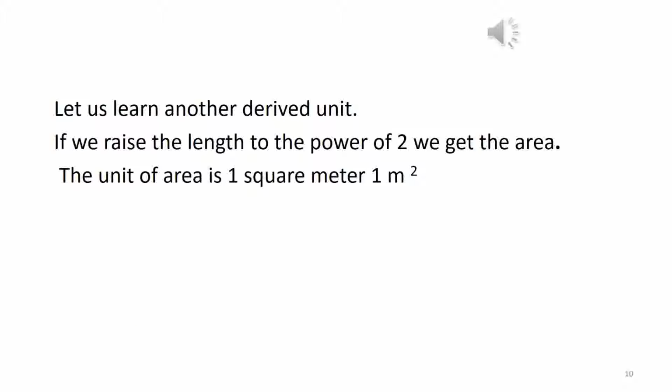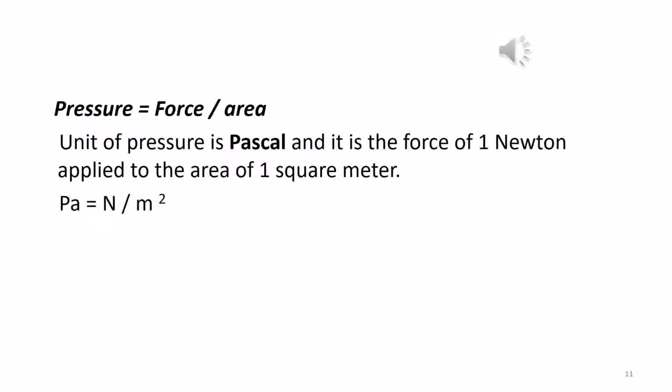Let us learn another derived unit. If we raise the length to the power of 2, we get the area. The unit of area is 1 square meter. Pressure is force divided area. Unit of pressure is Pascal, and it is the force of 1 Newton applied to the area of 1 square meter.